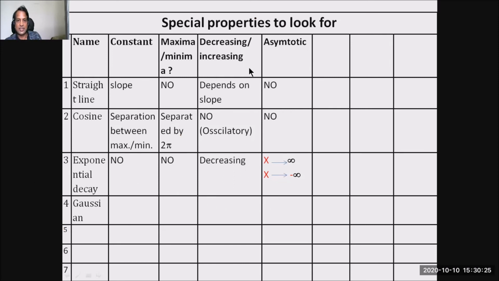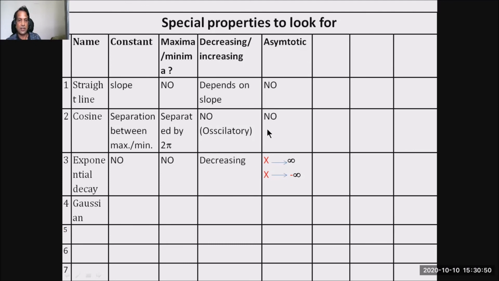So is the function decreasing or increasing? For a straight line, it depends on the slope. Cosine is an oscillatory function. For exponential decay, it's always a decreasing function. And looking at exponential decay, there's one more thing we can add, asymptotic. So is there any point where the value of y becomes 0 or infinity?